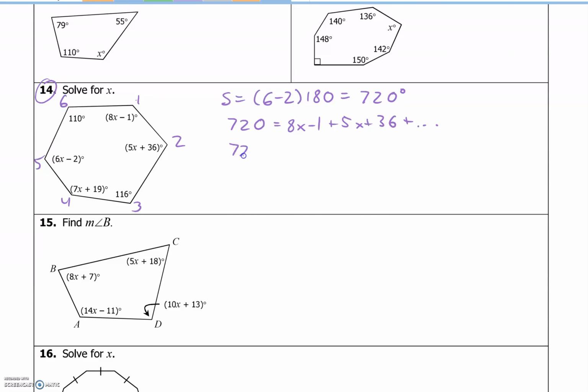There's actually a simpler way, and I said you might want to add up all of your variables first. So 8x plus 5x plus 7x plus 6x is actually 26x, and then add up all of your constants. And those numbers add to 278, and then solve for x. I'll let you finish that on your own.